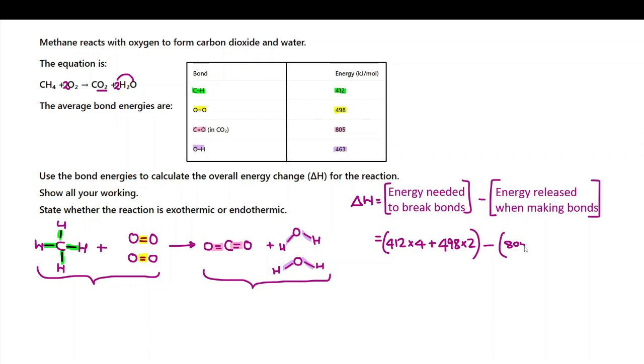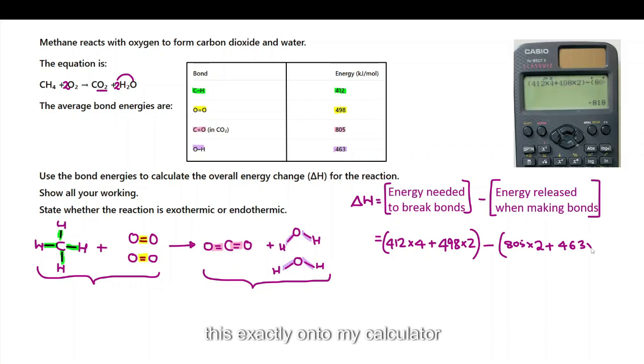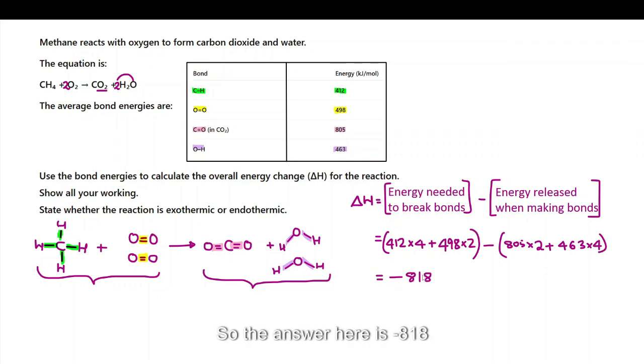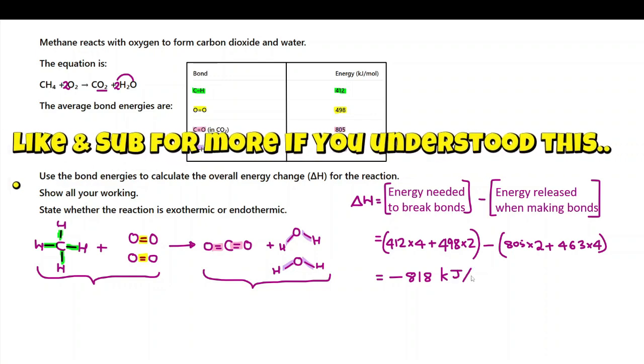Add OH bond is 463, and I have 4 of those. So all I need to do now is put this exactly onto my calculator, like this. So the answer here is negative 818 kilojoules per mole.